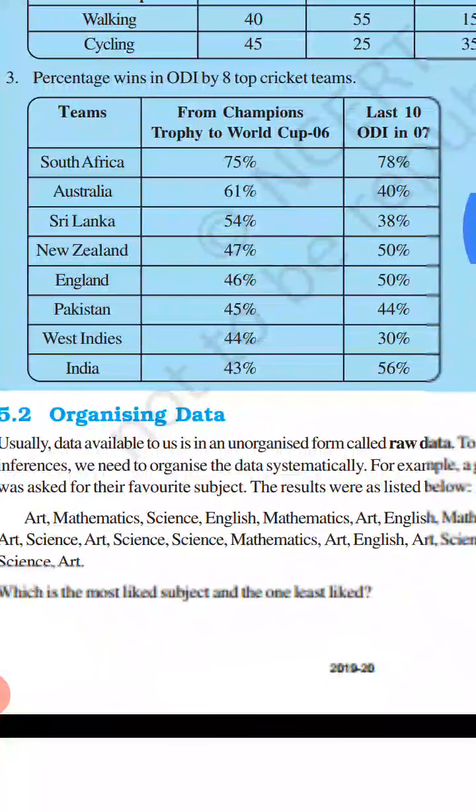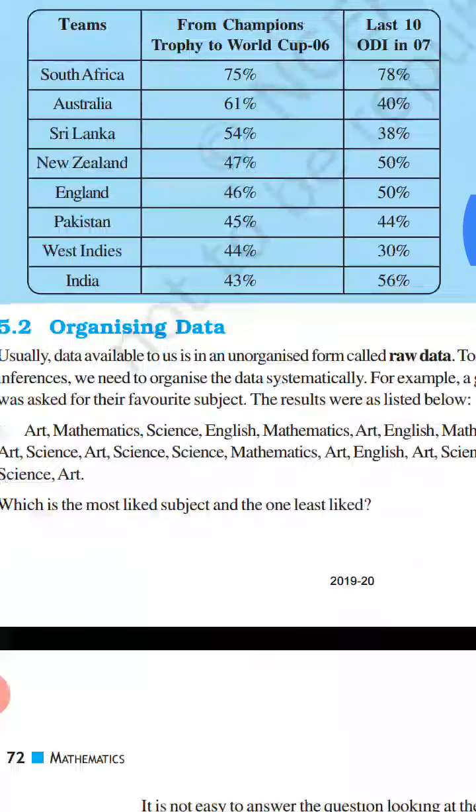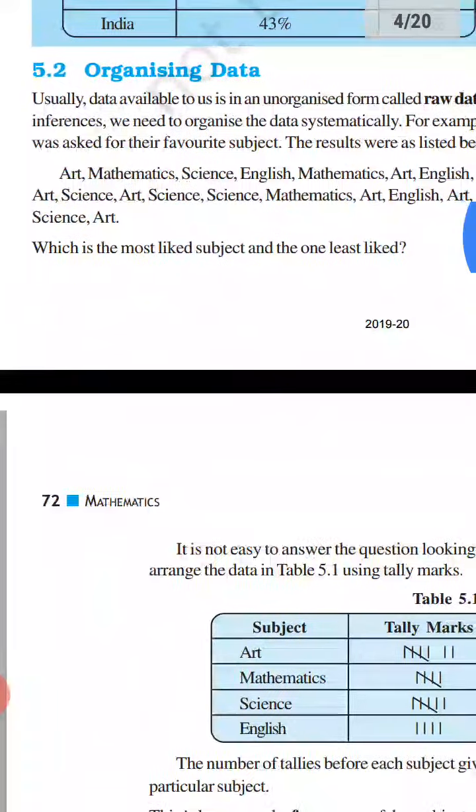Now, when you collect the data, you have to organize it. Either you can do it by arranging the raw data in ascending order or descending order or in groups.